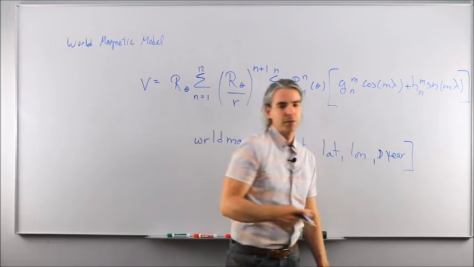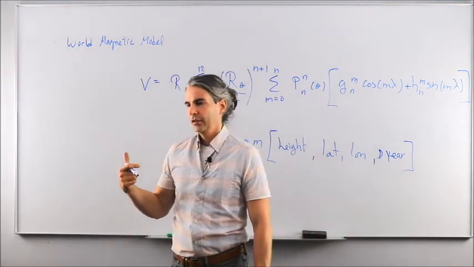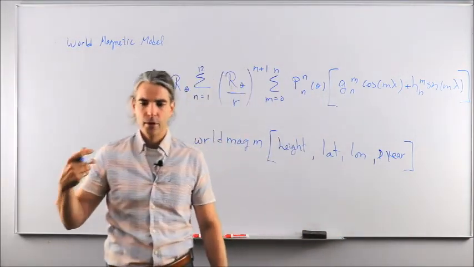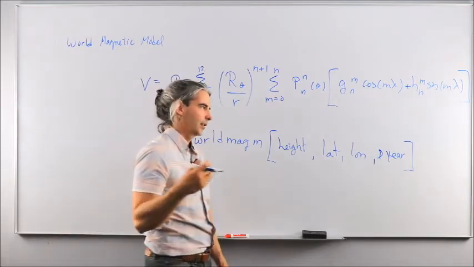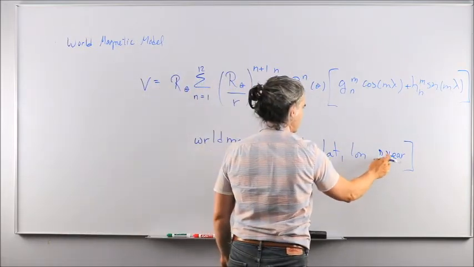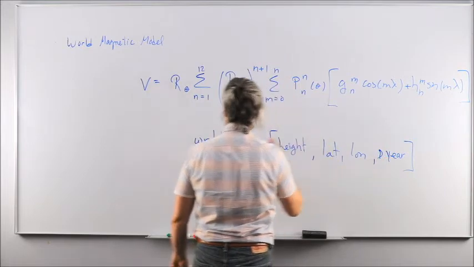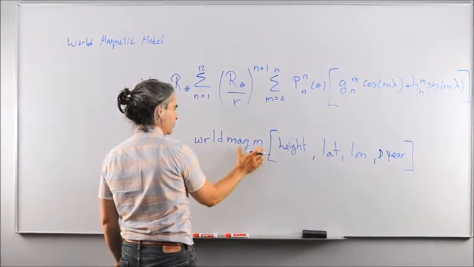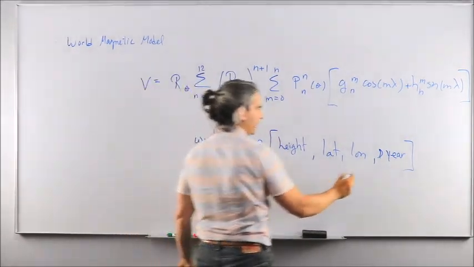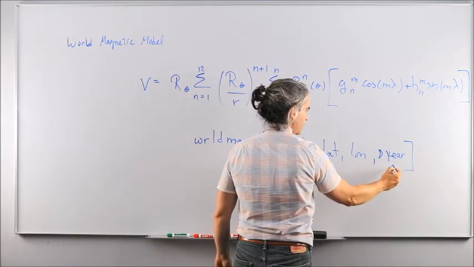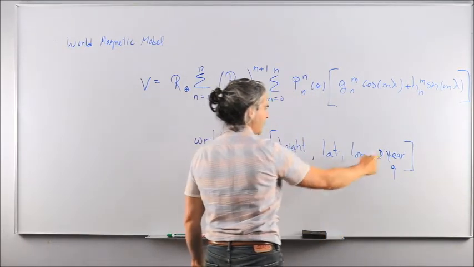So that means that you are specifying the day, the month, the year, and potentially the time of the day as well, to be super accurate. I'm not sure, but again, just type help of world magnetic model in MATLAB, and that will specify exactly how to give this parameter to this function.